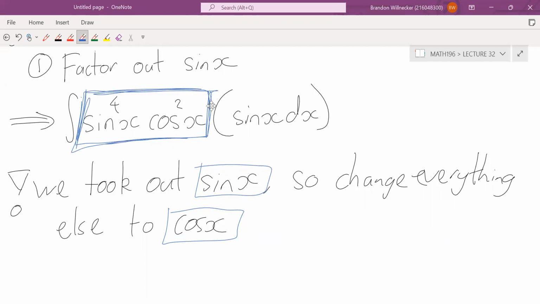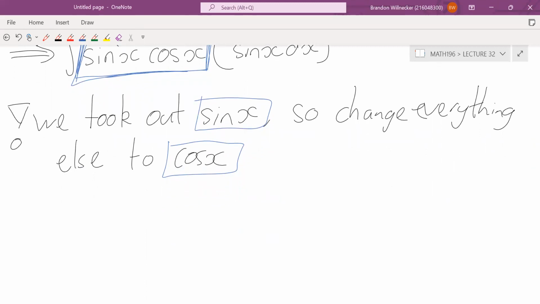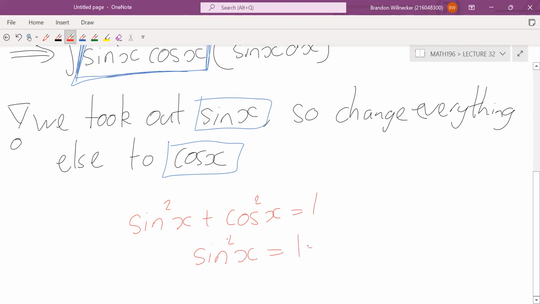Well, sine to the 4x we need to make into cos. So remember, sine squared x plus cos squared x is equal to 1. Sine squared x is equal to 1 minus cos squared x.